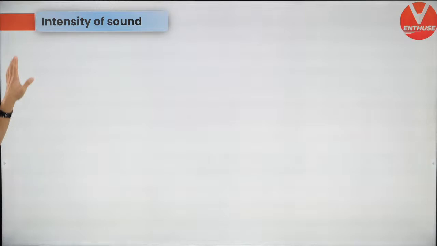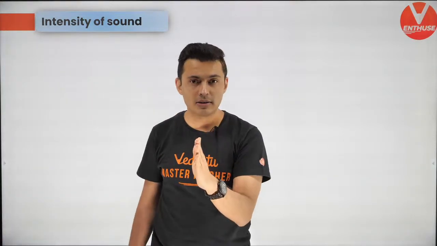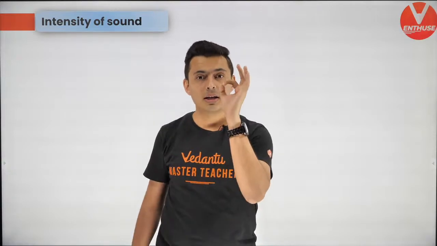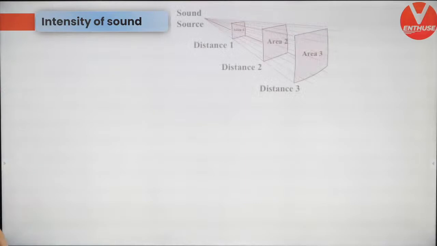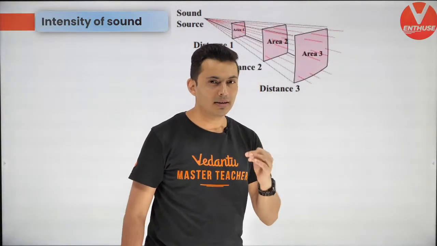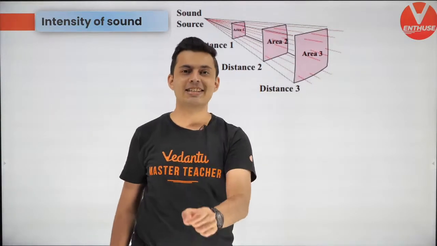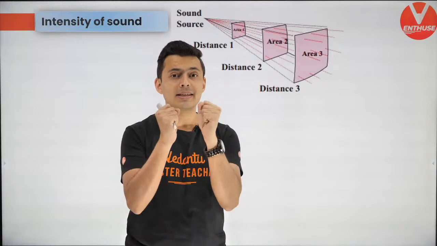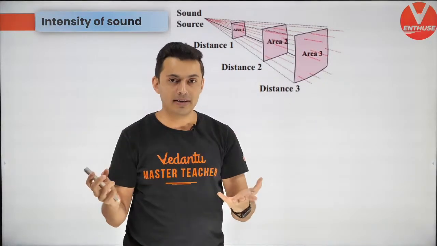Great. Now, intensity of sound. The last slide was for transverse waves. The next slide is for sound or longitudinal waves. Keep this in mind. Now, for longitudinal waves, you are not interested in the power. Usually, you are interested in power per unit area, which is called intensity. How intense is that energy? More power in less area is more intense sound.